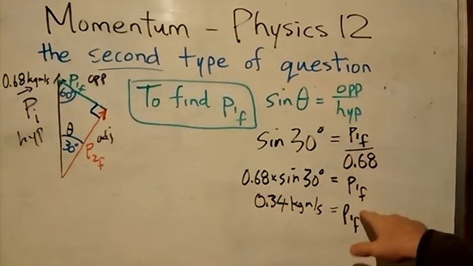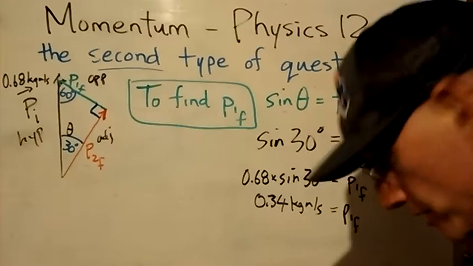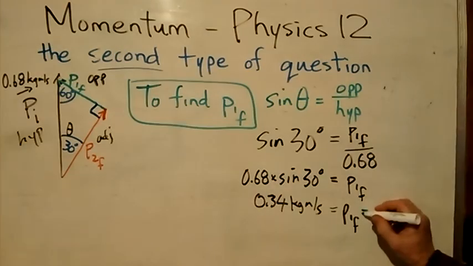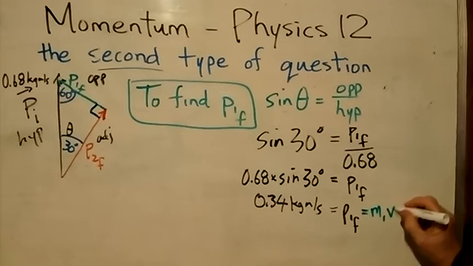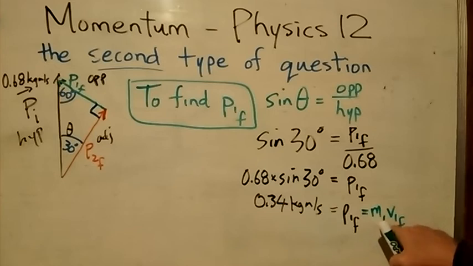So you just have to remember that P1 final is equal to M1 V1 final. So I've got P1 final, it's 0.34. I've got M1, and I just need to find V1 final.